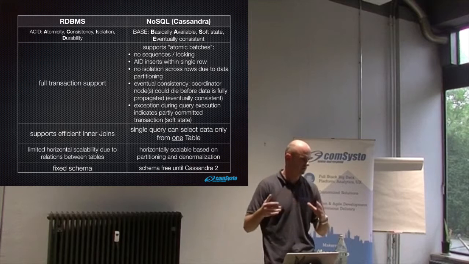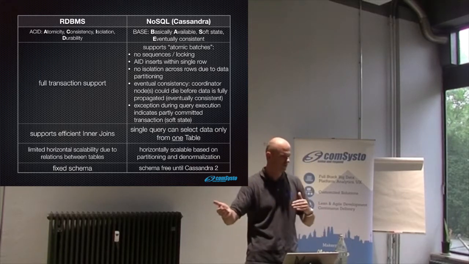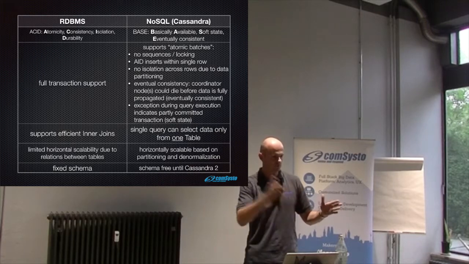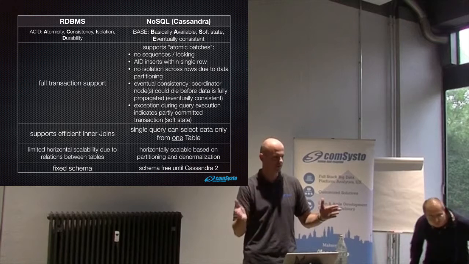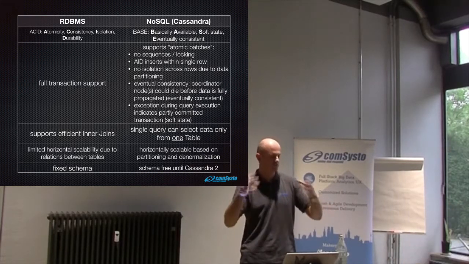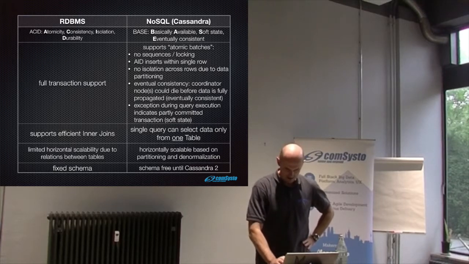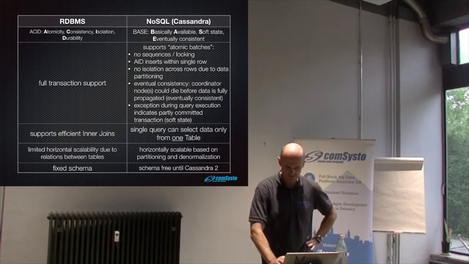But this doesn't apply to updates across rows. So when you have a batch update which updates multiple rows, then the updates between rows are not isolated, they are not atomic, and they might be not consistent. Within the row, it's given. Eventual consistency.